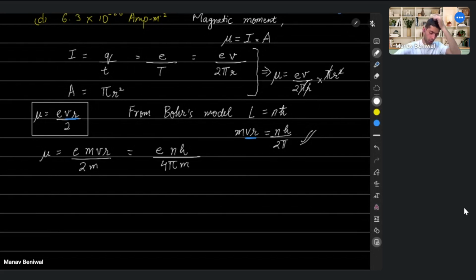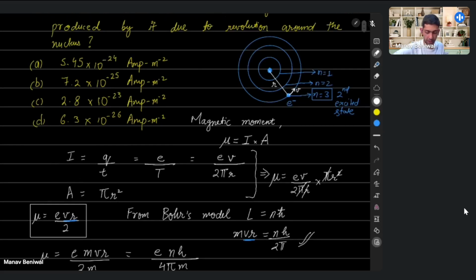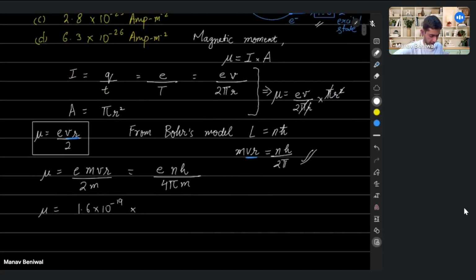Okay, now we know all the values, so just plug them in. e is 1.6 times 10 to the minus 19. n, we have already calculated that n is 3 here, so we will write 3. h is 6.626 times 10 to the minus 34, and then divide by 4 into 3.14, and mass of electron is 9.11 times 10 to the power minus 31.